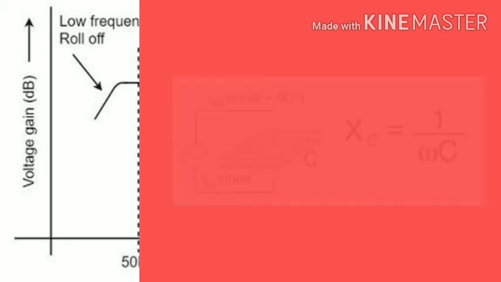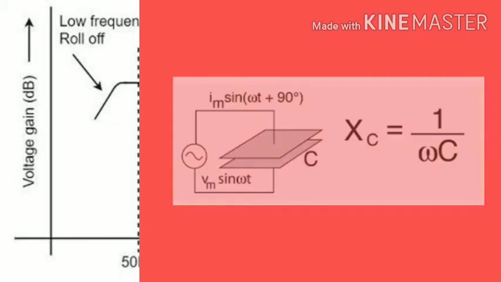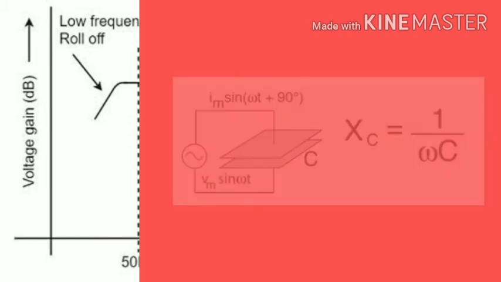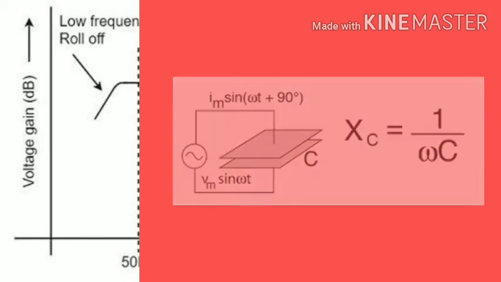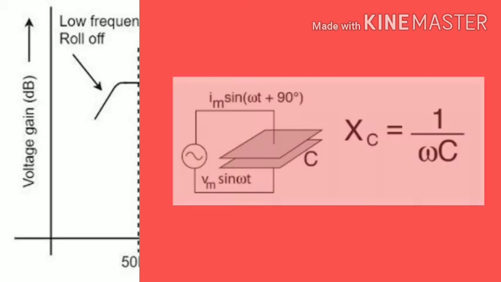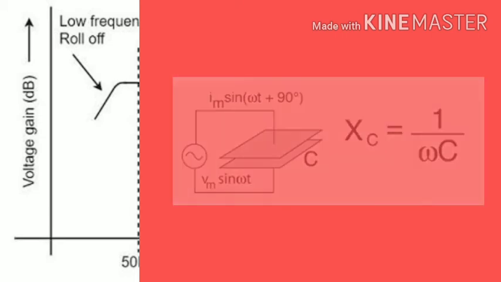When the input frequency is low, the coupling capacitor gives high reactance, and due to that only a very small part of the input signal passes from one stage to the next stage, so the output voltage gain is less.